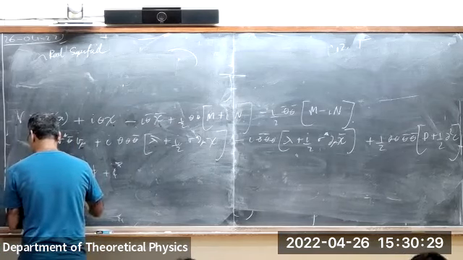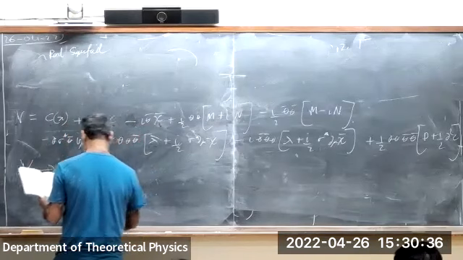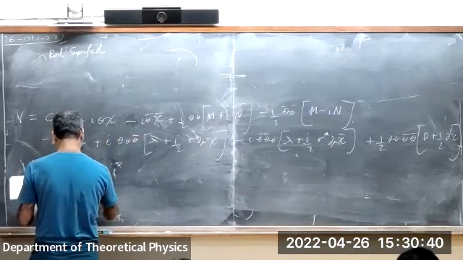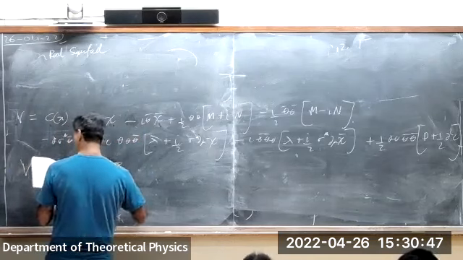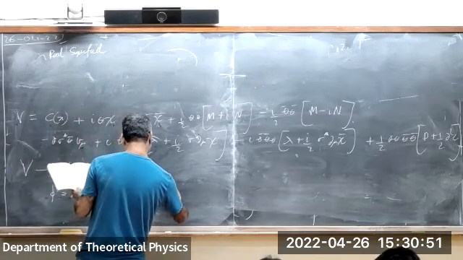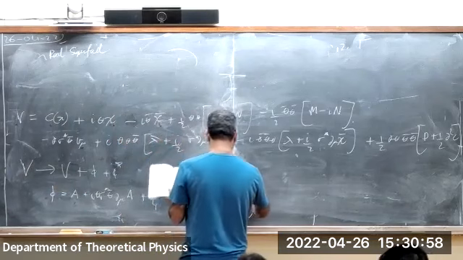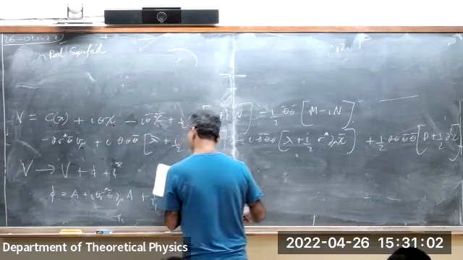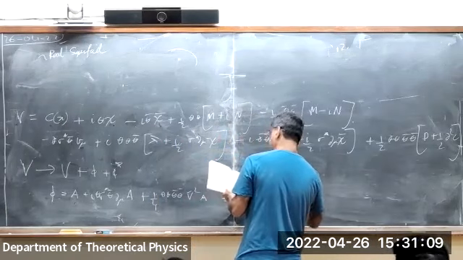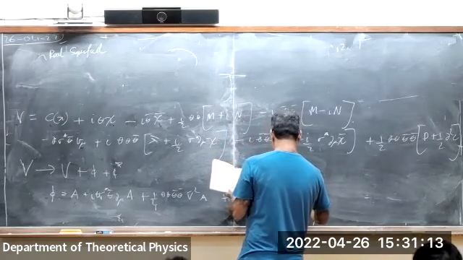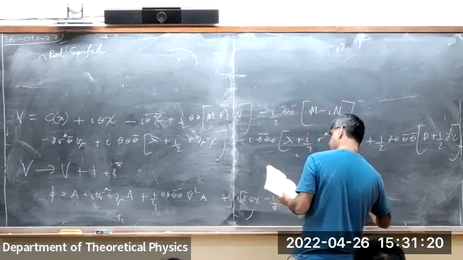Phi was equal to A plus square root 2 theta psi plus theta theta F, with the theta theta bar terms being i theta sigma mu theta bar del mu A plus 1/4 theta theta theta bar theta bar del squared A, and the remaining terms minus i/square root 2 theta theta del mu psi bar sigma mu theta bar.